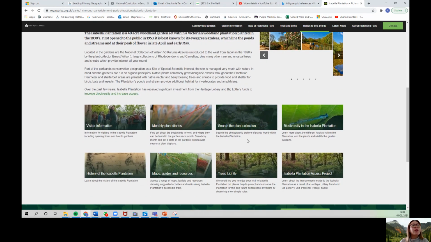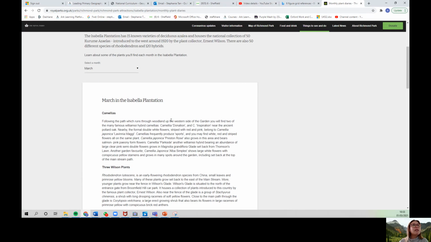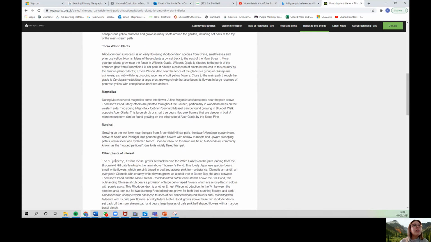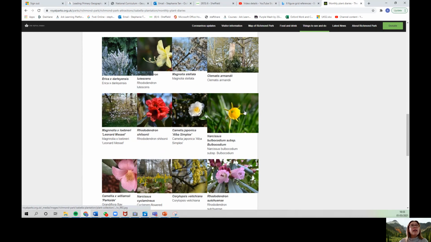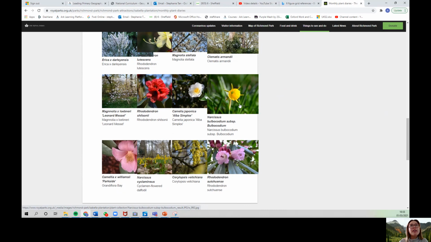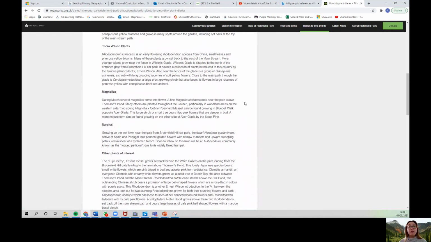Beautiful plantation. We can look here about monthly plant diaries if we wanted to read about different plants, how the camellias have been doing in March, magnolias, and we can read about these beautiful flowers. You might have seen these yellow flowers in the parks near you. They look similar to daffodils.